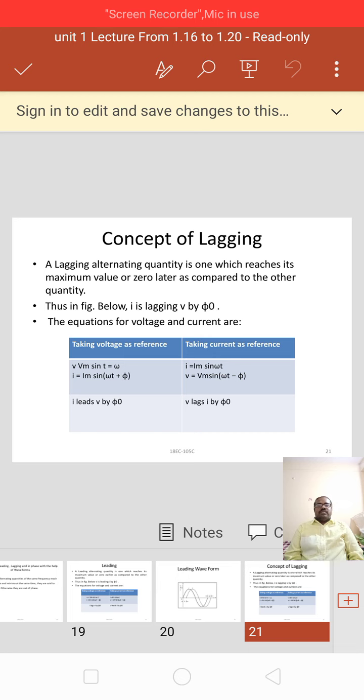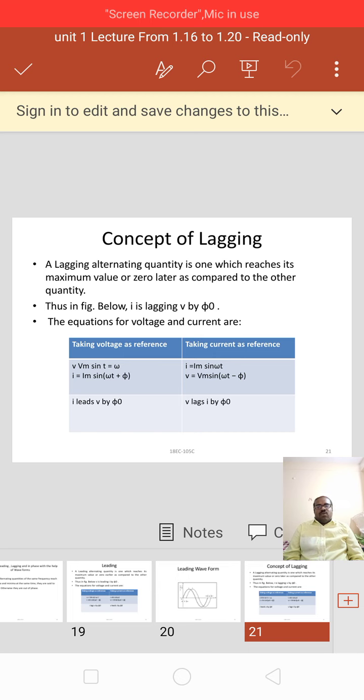It can be shown in equation form below, that is, I is lagging V by pi degrees. The equations for voltage and current, taking voltage as reference, are V equals Vm sin omega t, I equals Im sin omega t.